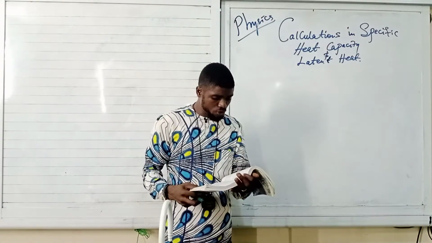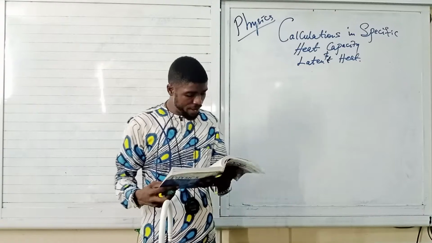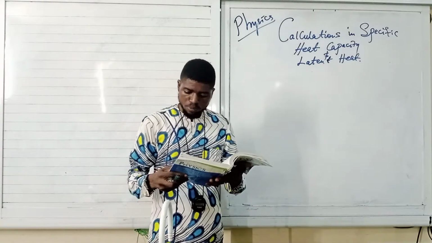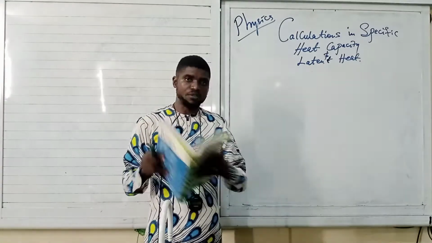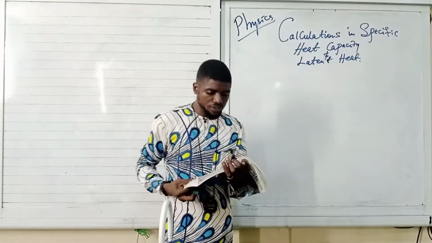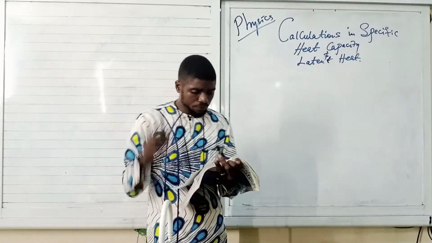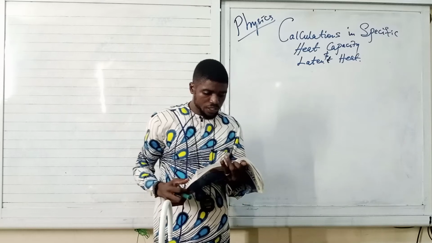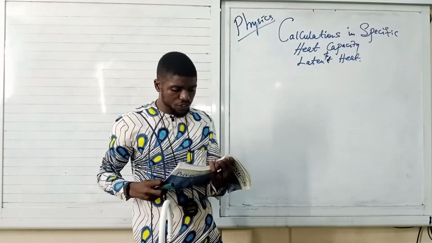Question number 11, New School Physics, exercise 9, page 236 to page 237. It reads, define (i) specific latent heat of fusion.